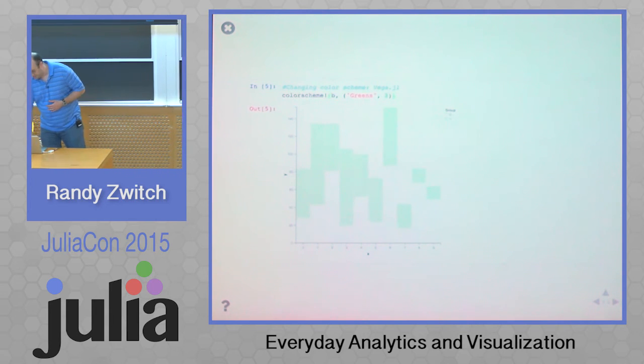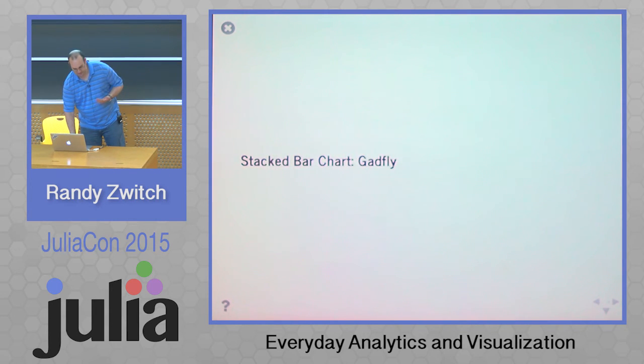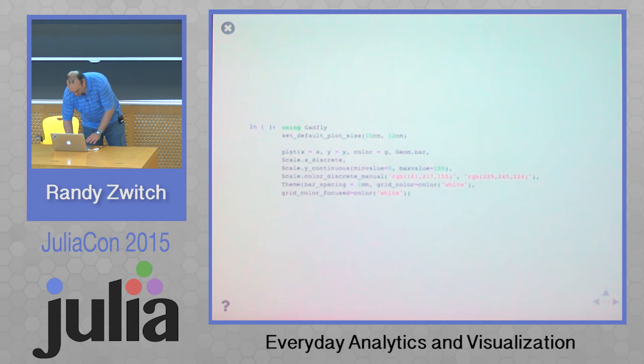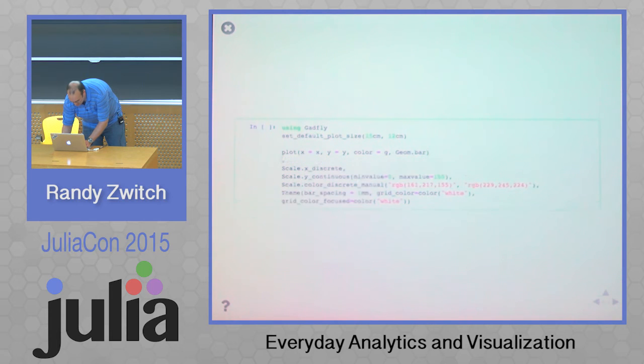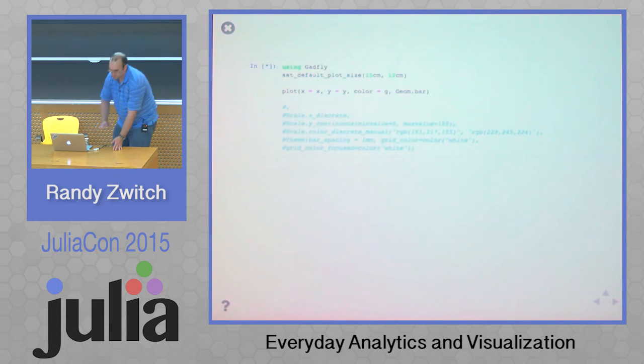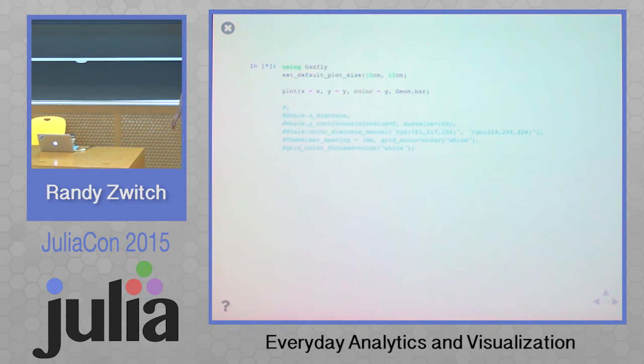So this is what I've been trying to do. So what if you want to do this in Gadfly? So we could do this. Hopefully this doesn't bite me. Okay. So at the defaults, Gadfly can be very, very simple as well.